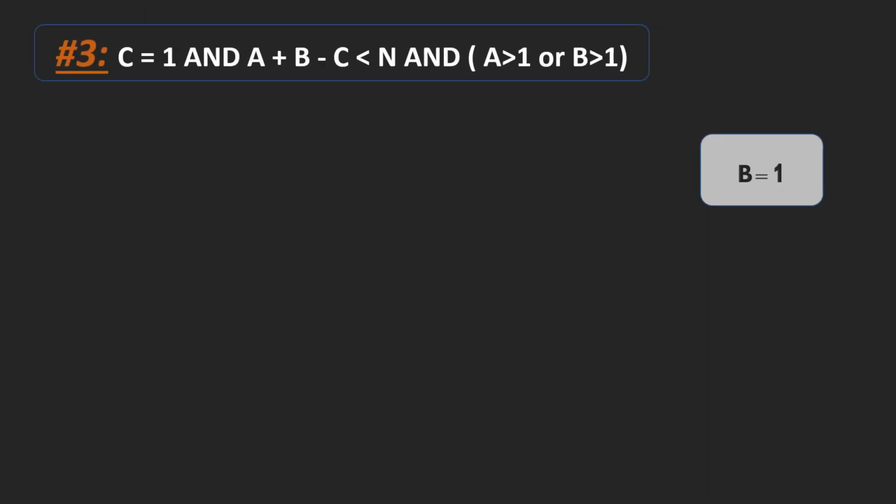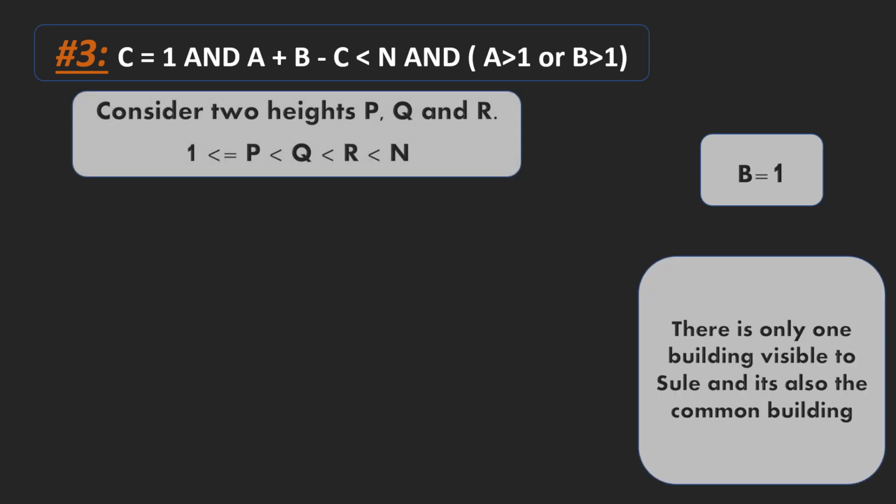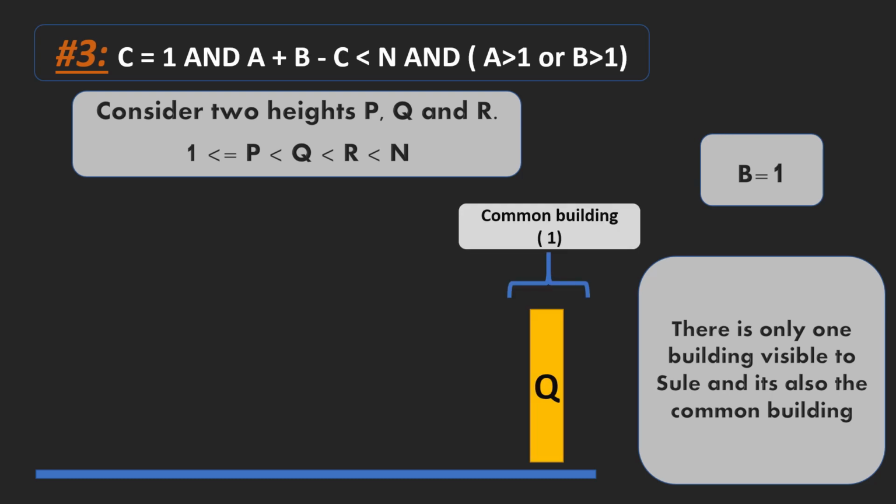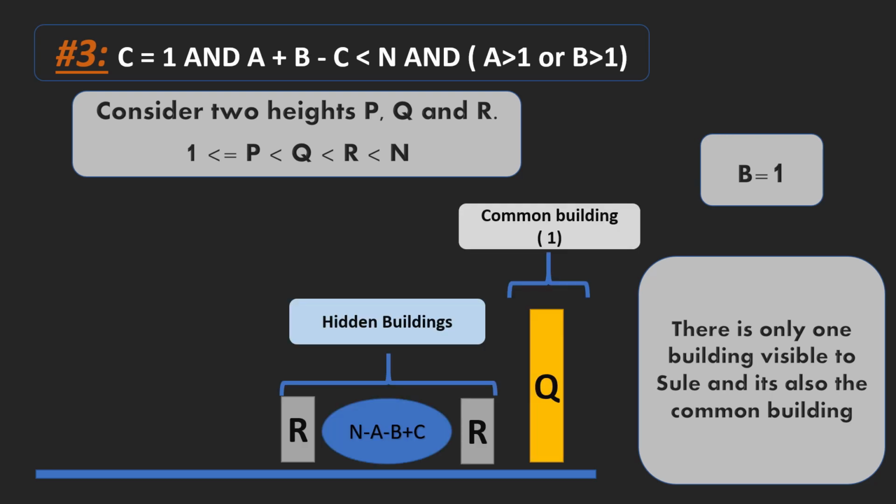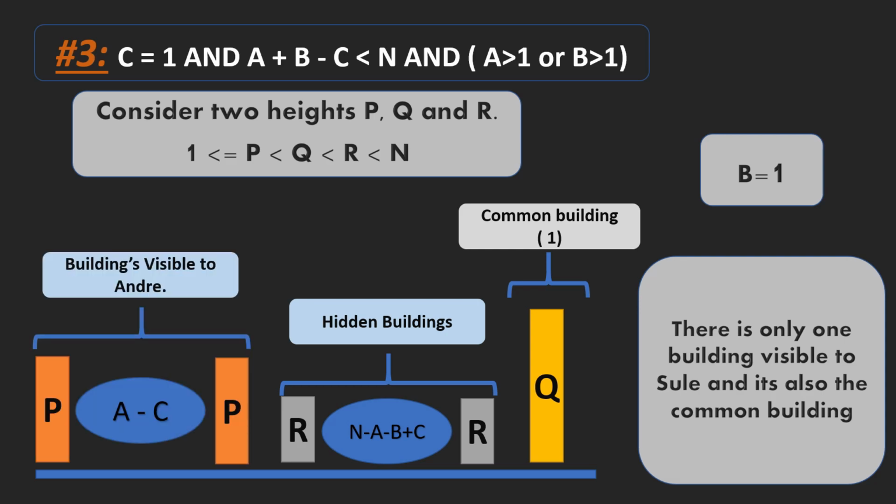Now the case when B equal to 1 and A is greater than 1. In this case, there is only one building visible to Sule and it's the common building. So we do the same thing as in the last case. First comes the common building with height Q. Now the hidden buildings with height R. Then come the buildings visible to Andre with height P. This completes the current case.